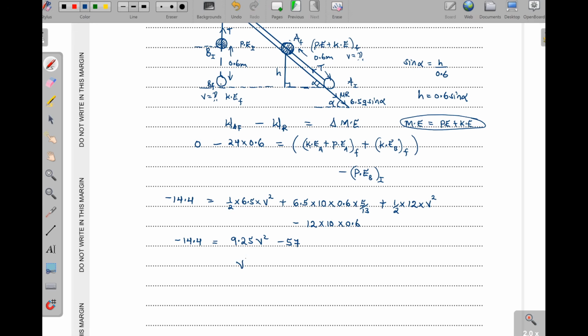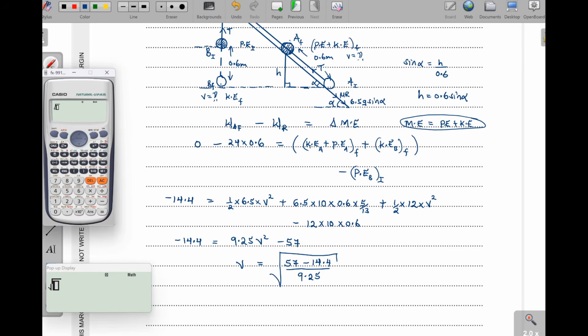This simply implies that V squared is going to be equal to 57 minus the 14.4, all over 9.25, okay, and then we shall take the square root. So therefore V is equal to the square root of 57 minus 14.4, and then down here we have 9.25.